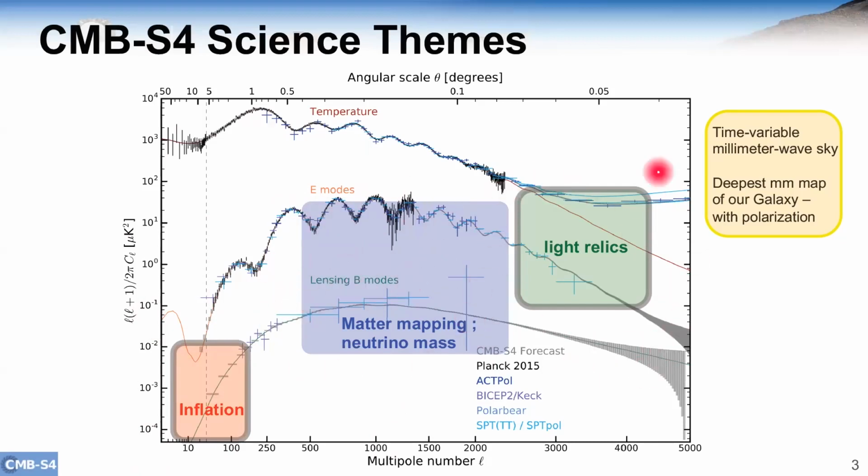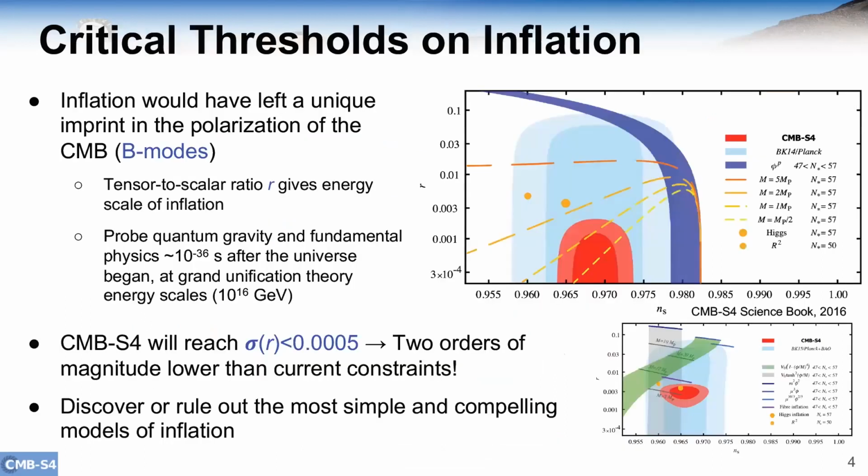And then on the damping tail, we start to get into light relics and other very interesting physics. You can see that the sizes of the error bars are really improving dramatically over time. We really have the temperature nailed down already. The E modes are getting there. And of course, the B modes are things that the next generation of experiments is focusing on.